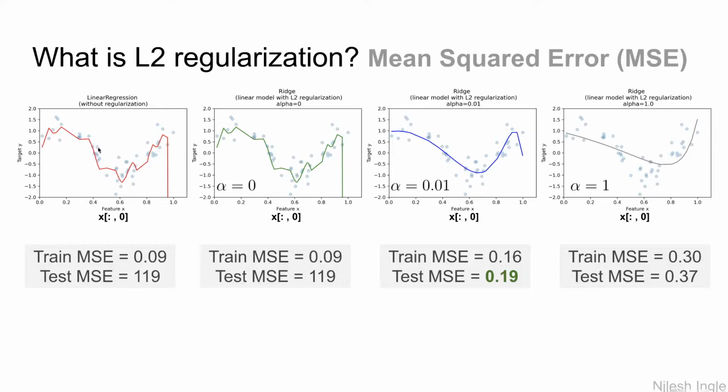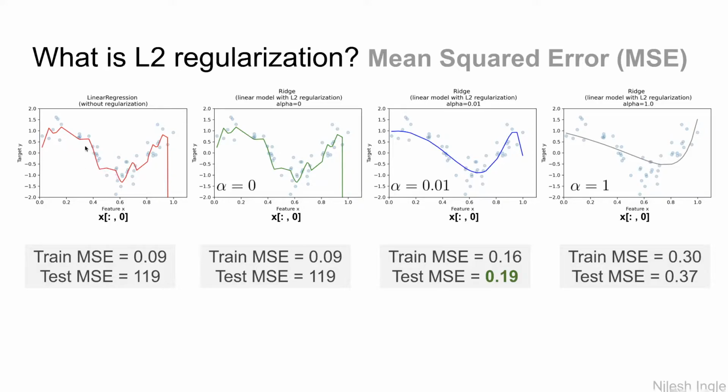So we convert that data set with just one feature into 20 features, and we are fitting the model on 20 features because it's easier to show overfitting when the number of features is larger and the number of samples, the number of rows, is smaller.